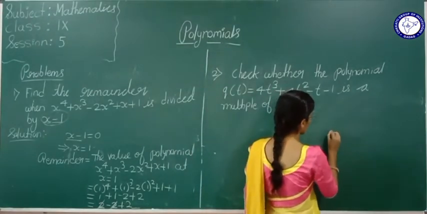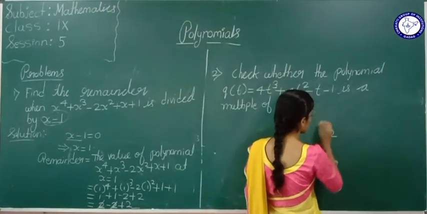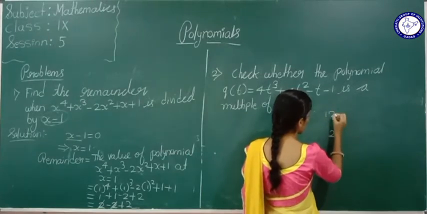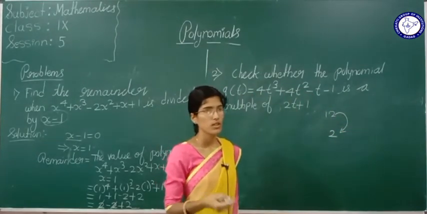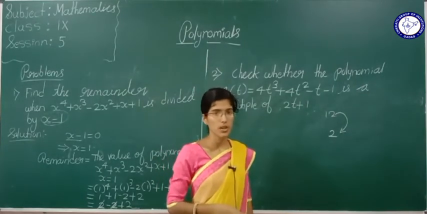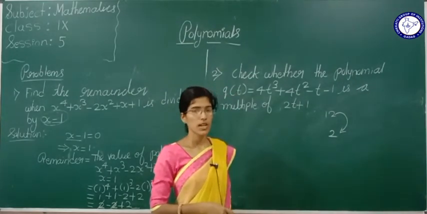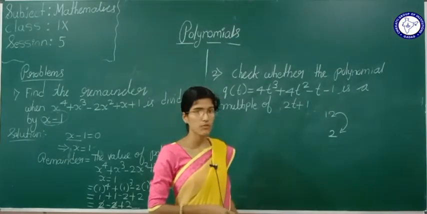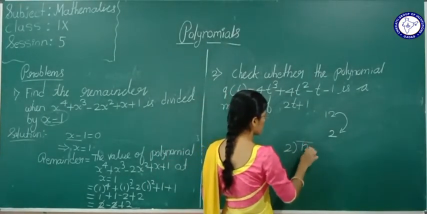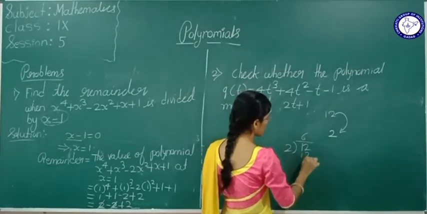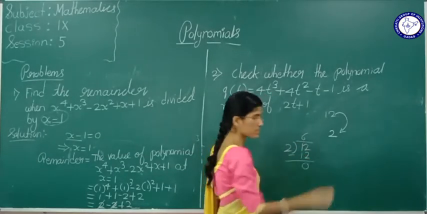I am asking you, is 12 a multiple of 2? When can you tell 12 is a multiple of 2? See here, if you divide, 2 sixes are 12, 12 minus 12 is 0.